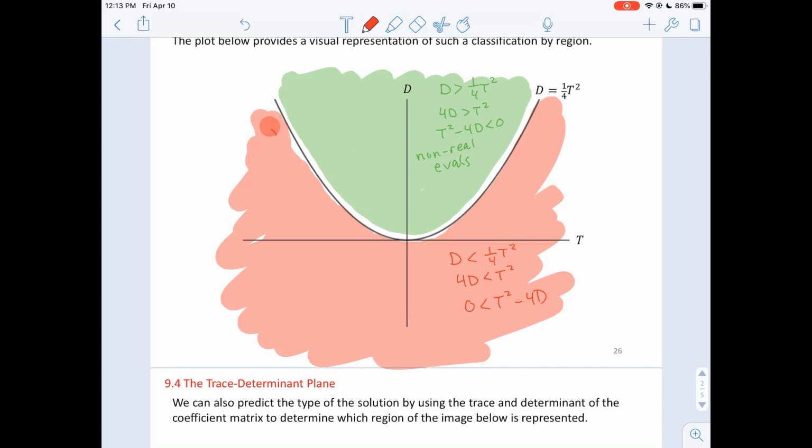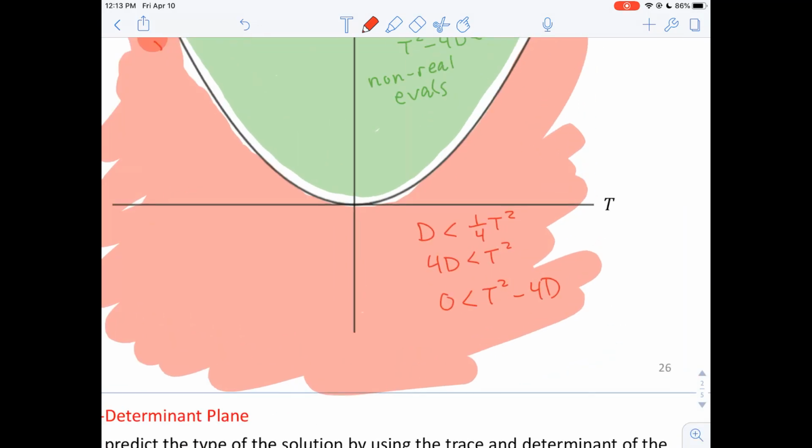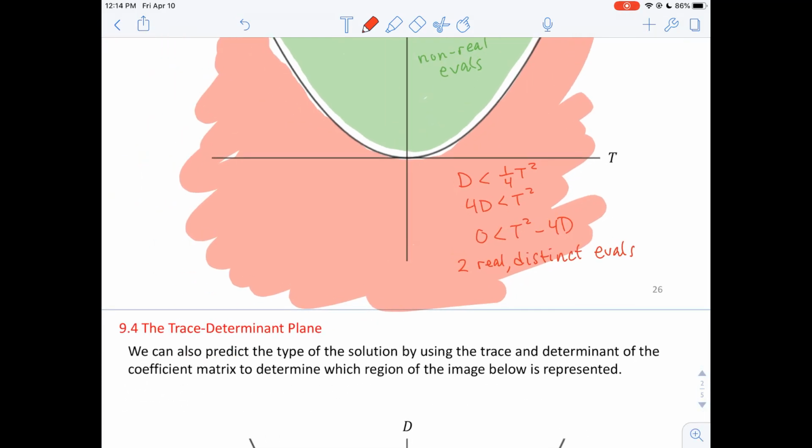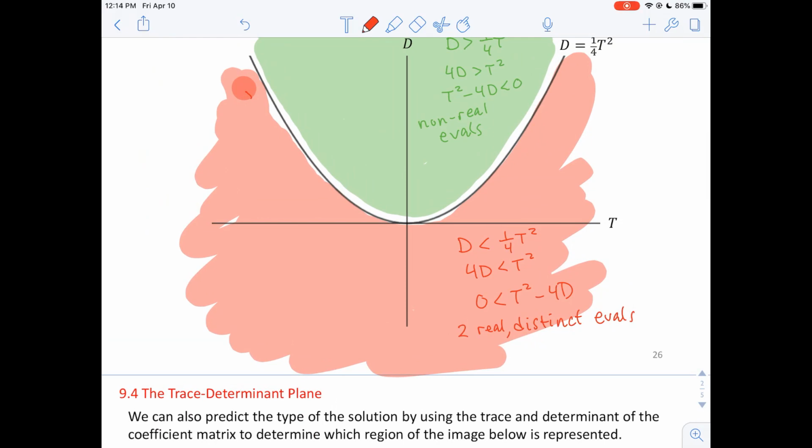And so in this entire red region, if your trace and determinant are such that you wind up in that red region, then that means that we are going to have either a nodal source, a nodal sink, or a saddle. Okay. So here we have two real distinct eigenvalues when your trace and determinant place you in that region.